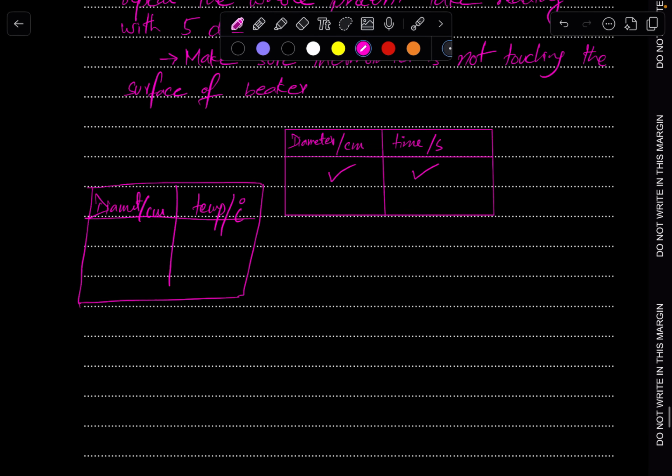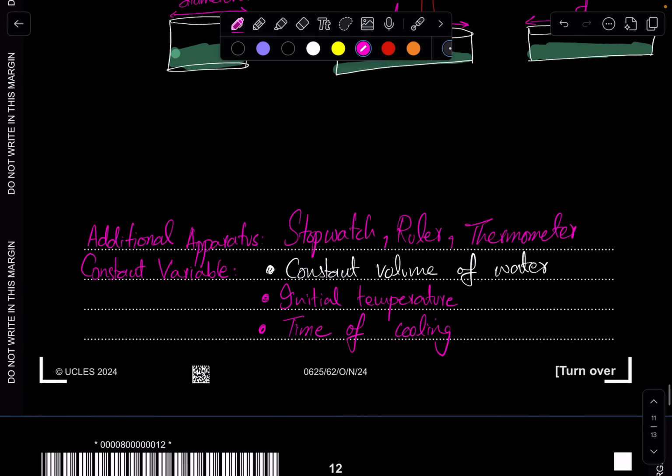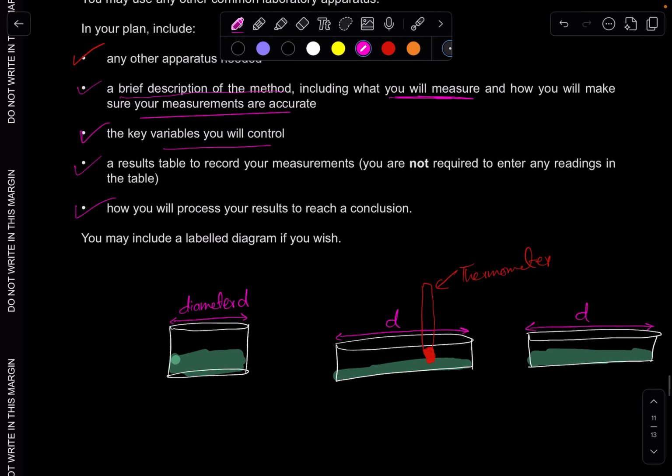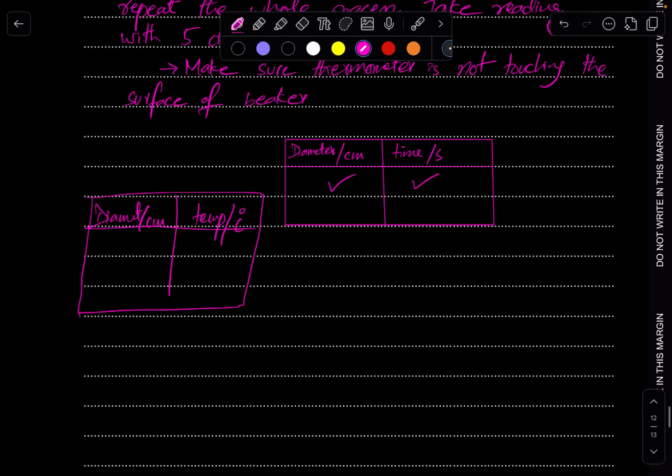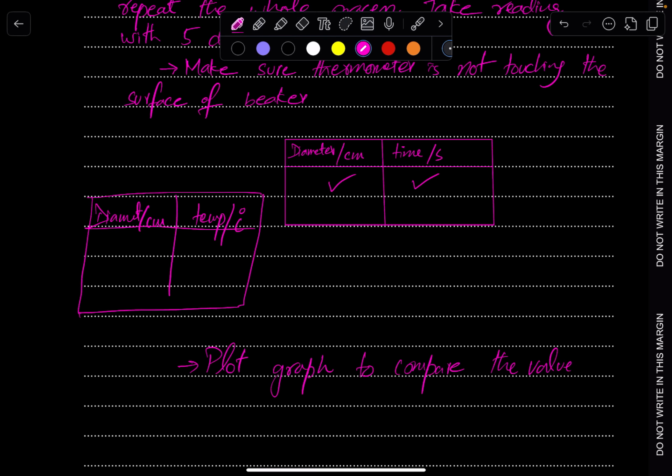And what we are left with is how you will process your result to reach the conclusion. To process the result, we can plot a graph to compare the values. This is how we conclude.